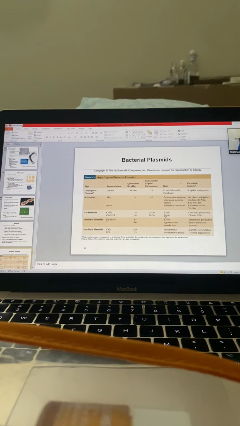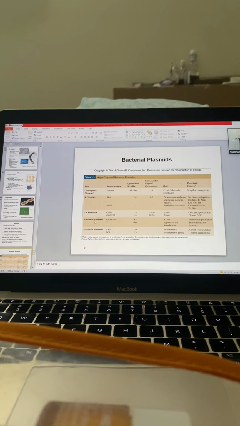So the colicin plasmids are usually in E. coli. And these are very small plasmids, about 9 to 10 kilobase pairs, and they are in large copy numbers because they are small. They can exist in large copy numbers in the cytoplasm, and they produce colicins, which are missiles, or ones that will kill other bacteria around them.